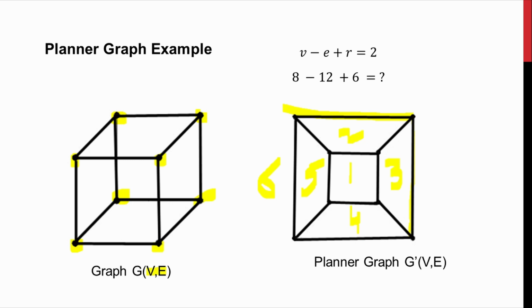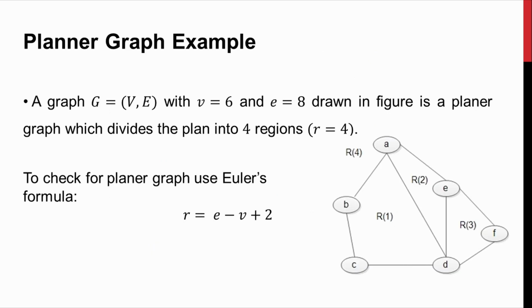By the Euler formula, V minus E plus R is equal to 2. Here we have 8 vertices, 12 edges, and 6 regions. So 8 minus 12 plus 6 gives 2, which is what the Euler formula requires.